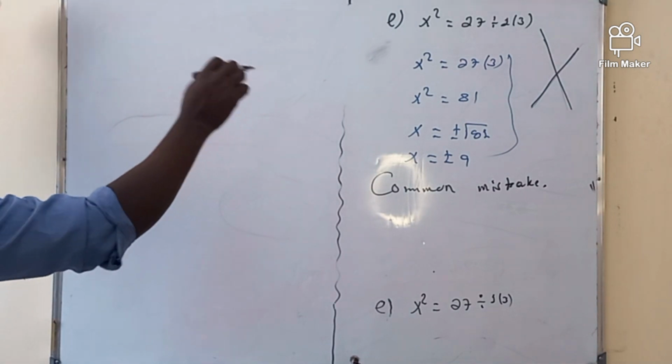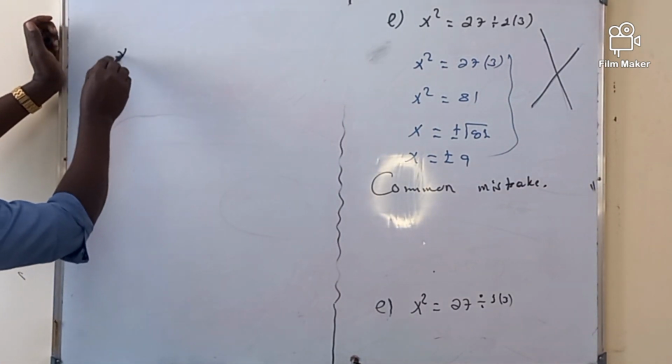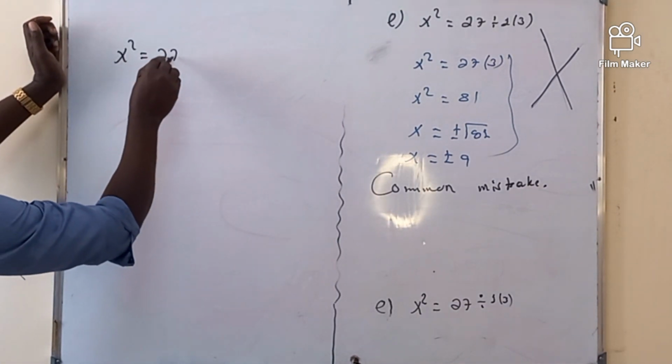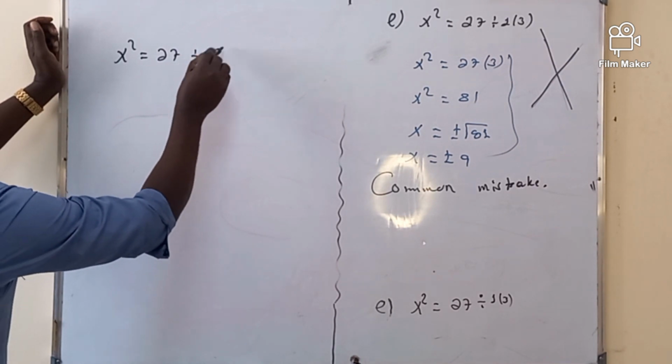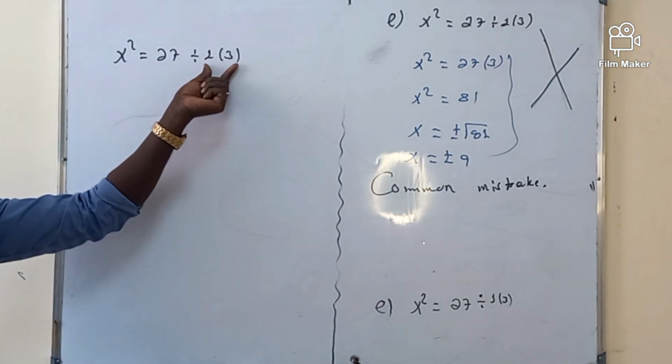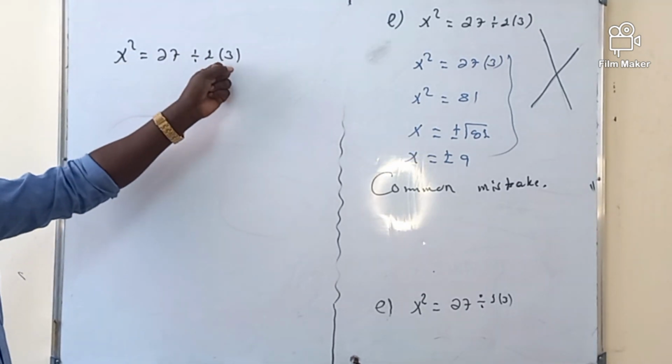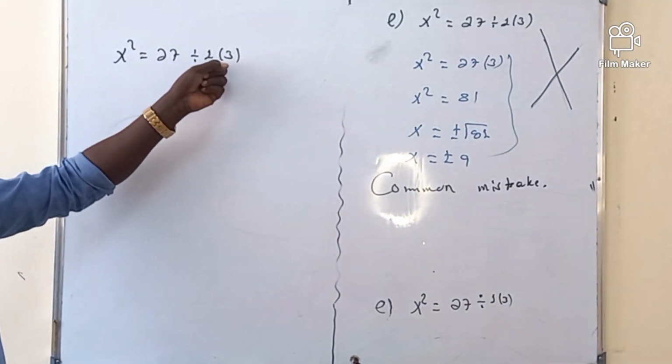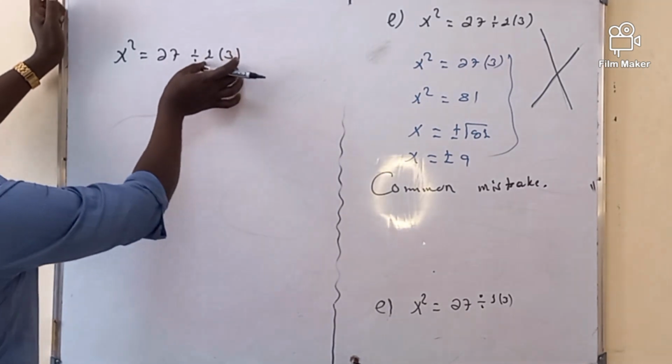So when you are correcting this problem, x squared is equal to 27 divided by 1 into 3. First of all, you always have to apply the order of operations, that is BODMAS.